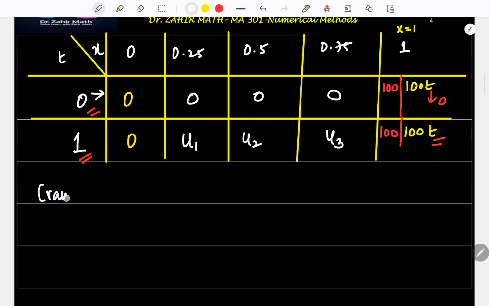So we are going to use the Crank-Nicholson formula. You need to write this formula in the exam, please keep it in your mind.